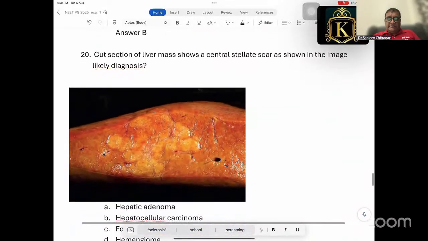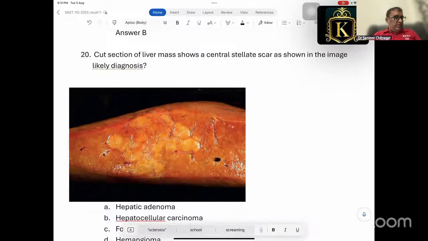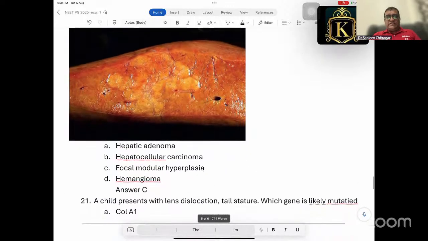Next, a cut section of a liver mass shows a central stellate scar. Stellate again means star-shaped scar, as shown in the image. What is the likely diagnosis? Look at this: a central stellate scar in a well-defined nodular lesion. Where do you see a stellate scar? It will be seen in two conditions.